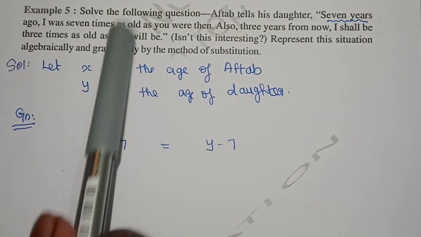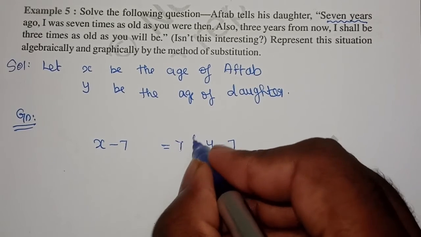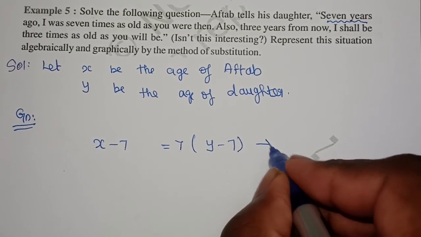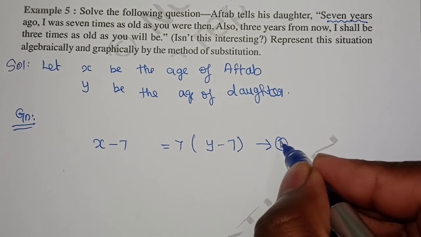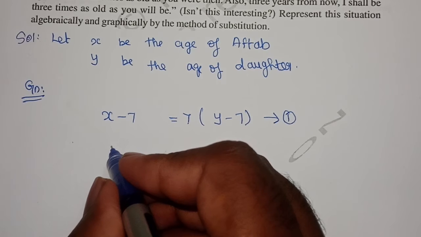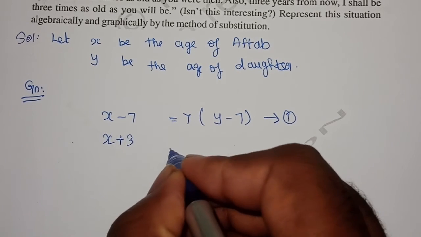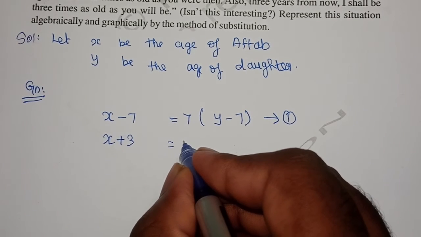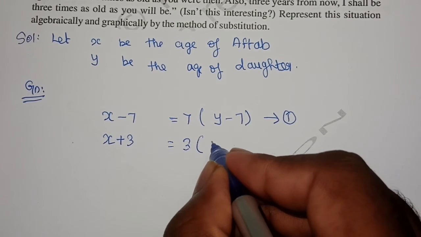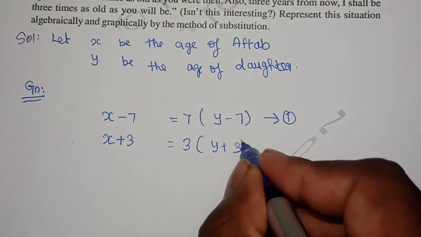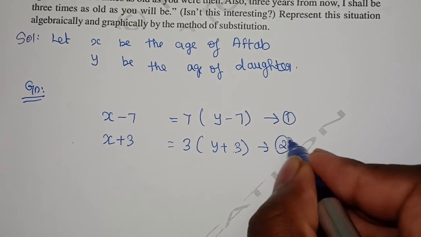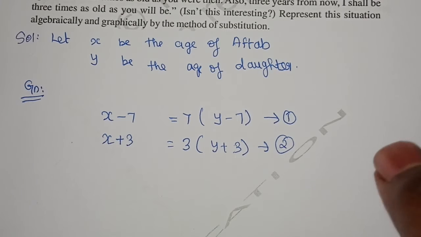It says that it is 7 times the daughter's. Okay, this is the first equation. Then the second condition, from now means plus 3, which is 3 times the daughter's: x plus 3 equals 3 times y plus 3. These are the two equations they have given.